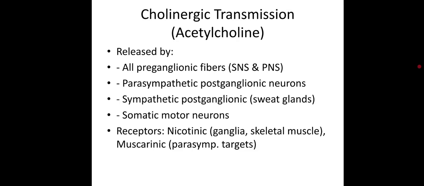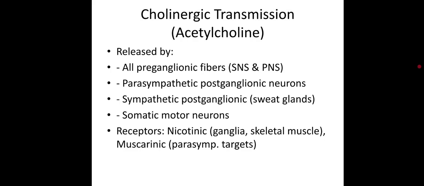What about parasympathetic postganglionic neurons? In parasympathetic, postganglionic, preganglionic, all kinds of fibers utilize acetylcholine as the neurotransmitter, and there is cholinergic transmission rather than adrenergic transmission. In case of sympathetic postganglionic, there are only sweat glands where acetylcholine acts as a neurotransmitter.